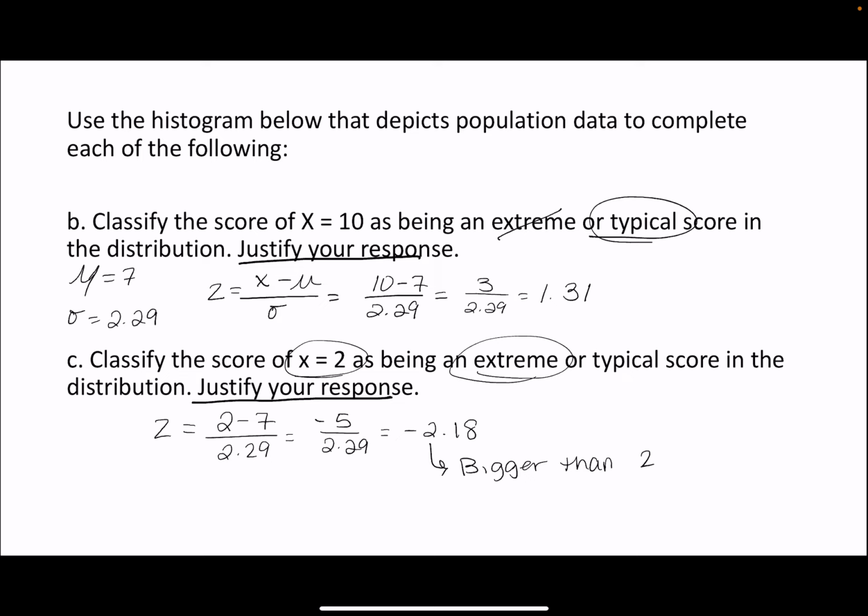And then 95% of your data lies within 2 standard deviations. That means that only 5% of your data lies outside of 2 standard deviations away from your mean. So when you get a number that's bigger than 2 or smaller than negative 2, that means that it's in that 5% area on either side of your bell-shaped graph. So it would be considered an extreme value.